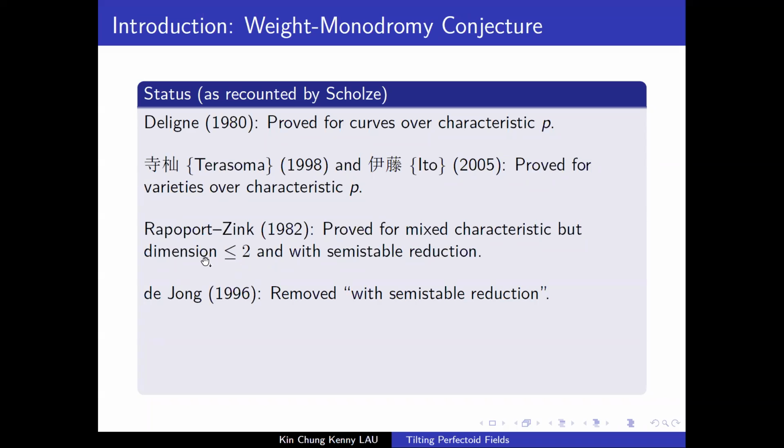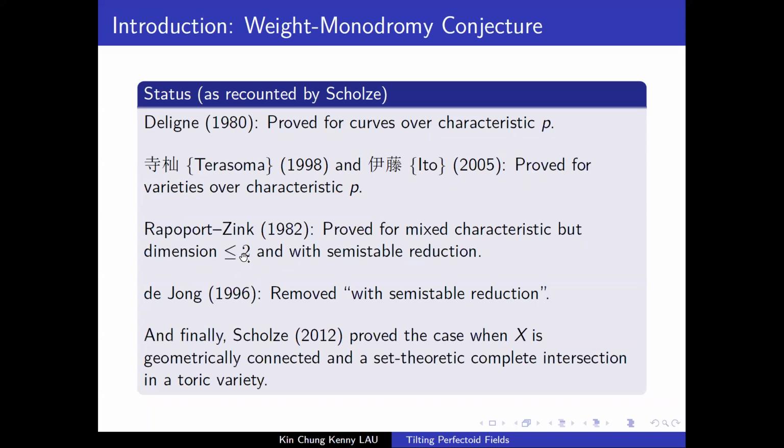But the dimension still needs to be almost 2. And then finally, in this paper of Scholze, he proved this theorem when X needs to only be geometrically connected and a set-theoretic complete intersection in a toric variety. So it's still not the complete general theorem, but there's a more general assumption on X. And you can just trust me that this is more general than this.